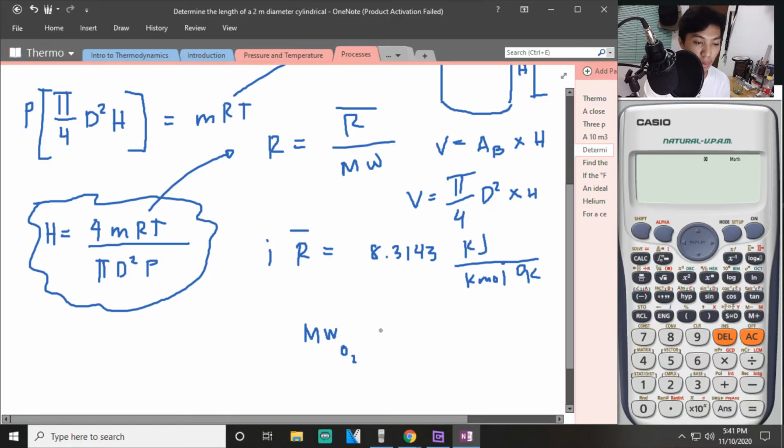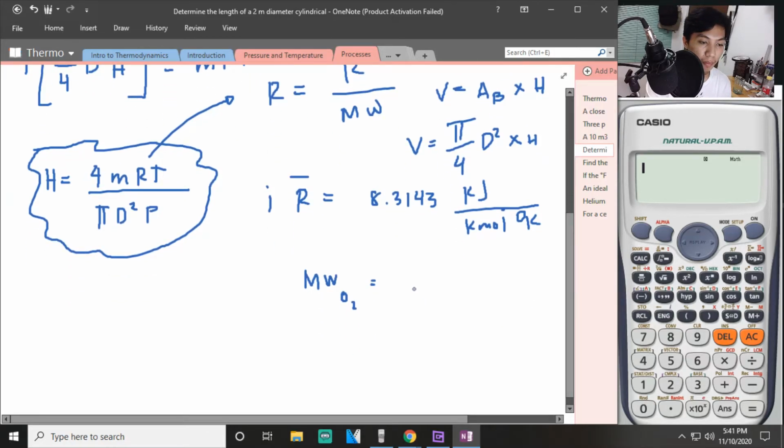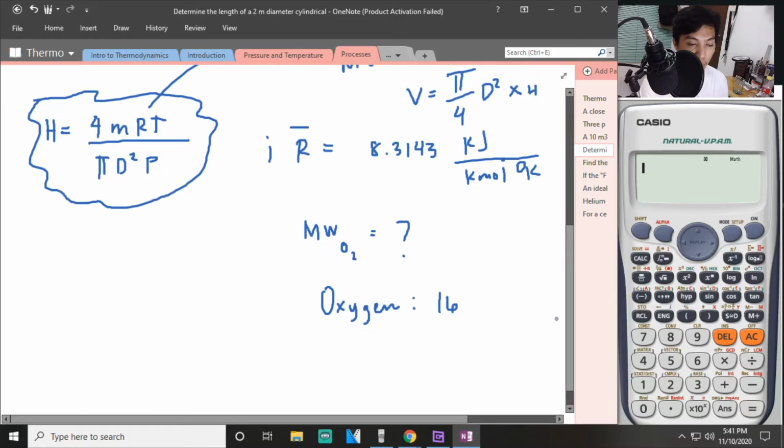Since ang O2, ano ba ang molecular weight ng oxygen? That is 16. Okay? Yan, oxygen. 16 ang molecular weight niya. So, diatomic mo multiply mo ng 2. So, O2 is equal to 16 times 2. That is 32. Yan.